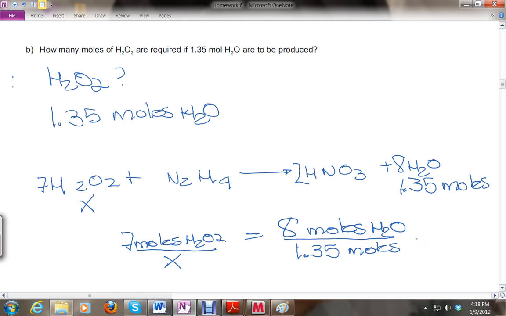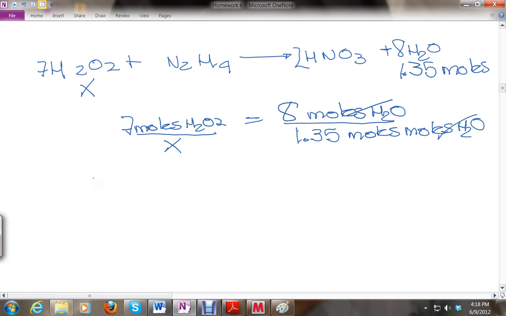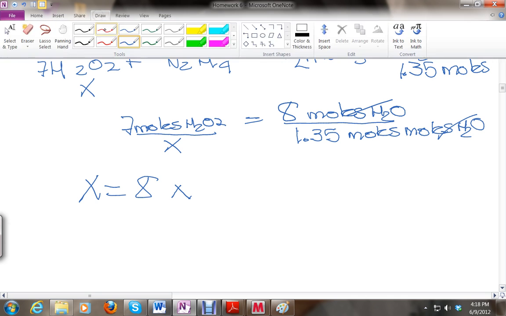You see why I like it like that? Because you're thinking, how many moles of water does this produce, how many would be needed? So moles of water and moles of water cancel out. And then you get x equals, hold on, 1.35 times 7 divided by 8.